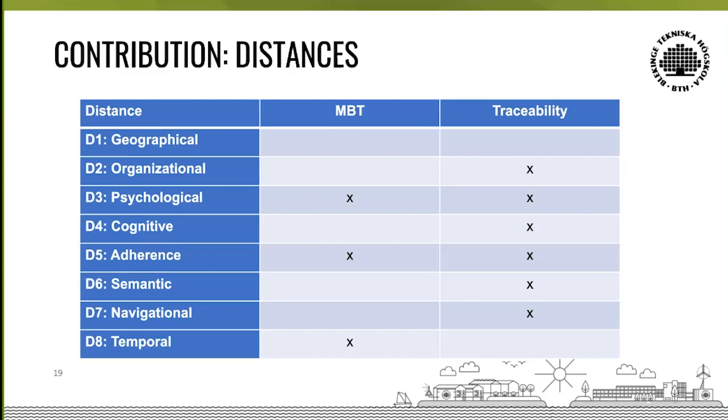In model-based testing, we look at the psychological distance. As we said, the psychological distance is the distance between the actors, and this distance refers to the effort of communication between people.